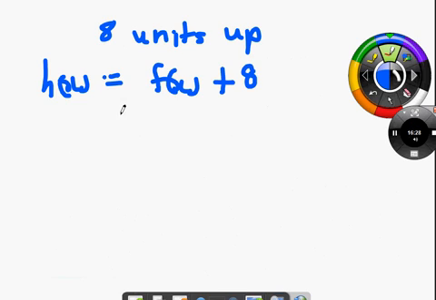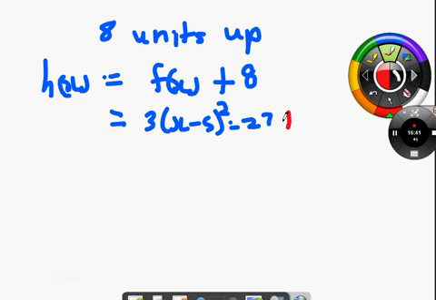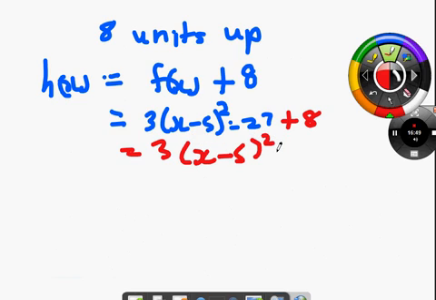Which means that we can write our function f of x, which is 3 bracket x minus 5 squared minus 27. And then because we are going up plus 8, that would give us 3 bracket x minus 5 squared minus 19. That means the graph has shifted up.